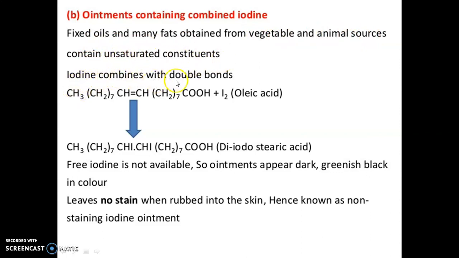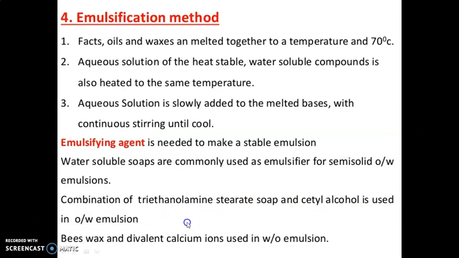Iodine combines with double bonds: CH3(CH2)7CH=CH(CH2)7COOH plus I2, that is oleic acid, then it will give us CH3(CH2)7CHI-CHI(CH2)7COOH, that is diiodostearic acid. Free iodine is not available, so the ointment appears dark greenish black in color and leaves no stain when rubbed into the skin, hence known as non-staining iodine ointment.